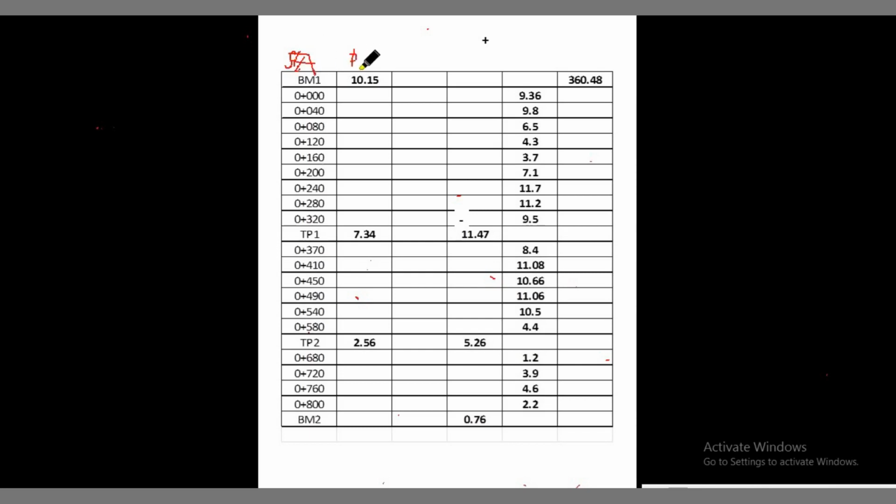Tapos, dito jay backside. This is my HI. This is my IFS. This is my Fs and this is my IFS. My elevation.